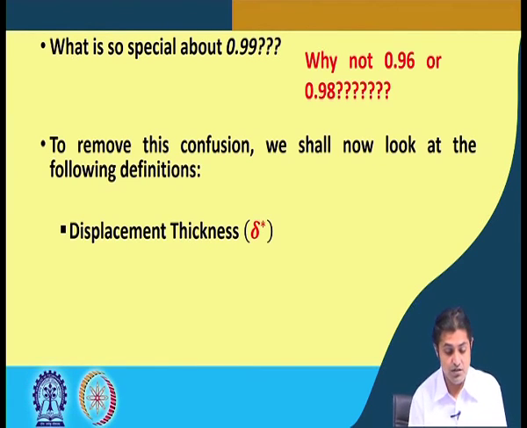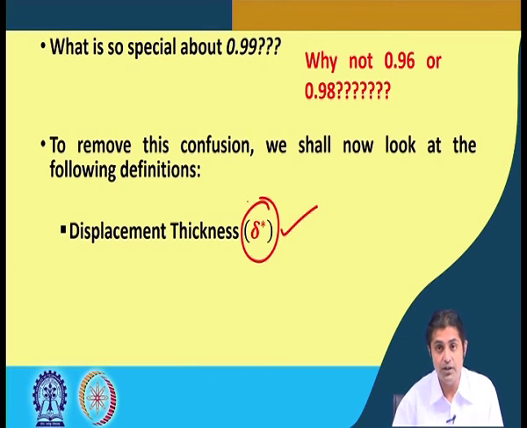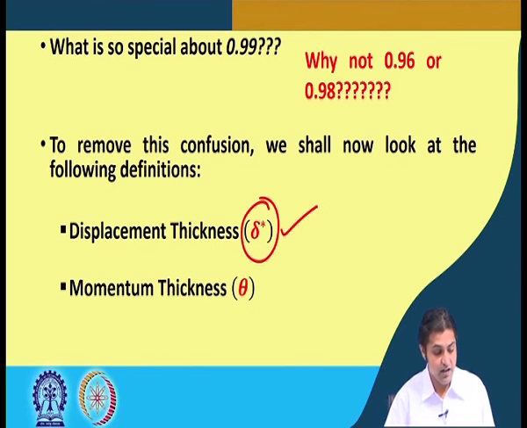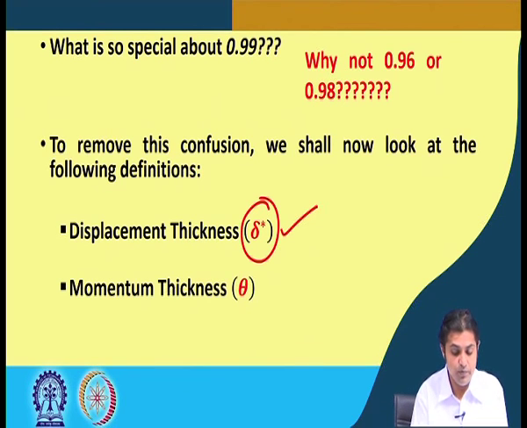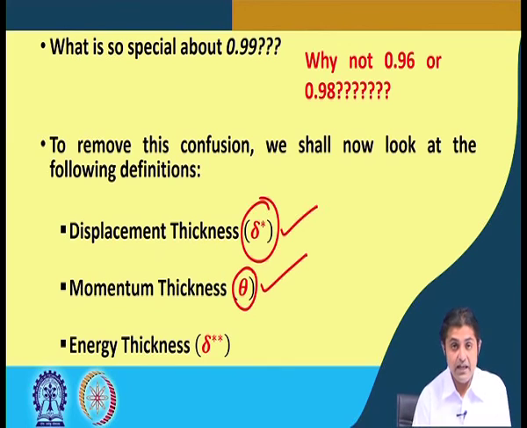Some of the definitions are displacement thickness, given by delta star. A very important term in this particular module of hydraulic engineering. There is another thing called momentum thickness, that is called theta. Okay. And then there is something called energy thickness, which is given by delta double star.